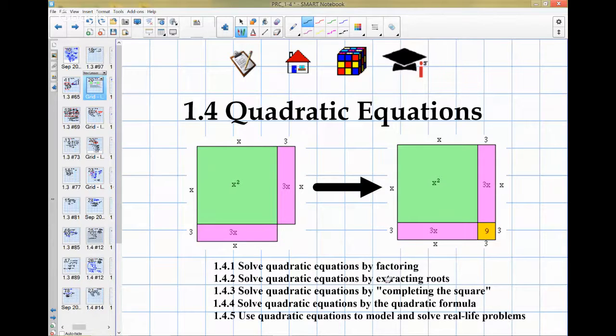The second one is, if it's a perfect square, cool. You can just start by taking square roots of both sides. The third one is, if it's not a perfect square, you can make it one, called completing the square, and then proceed with the same technique. The fourth one, the one we just talked about, is you could use the quadratic formula to solve.